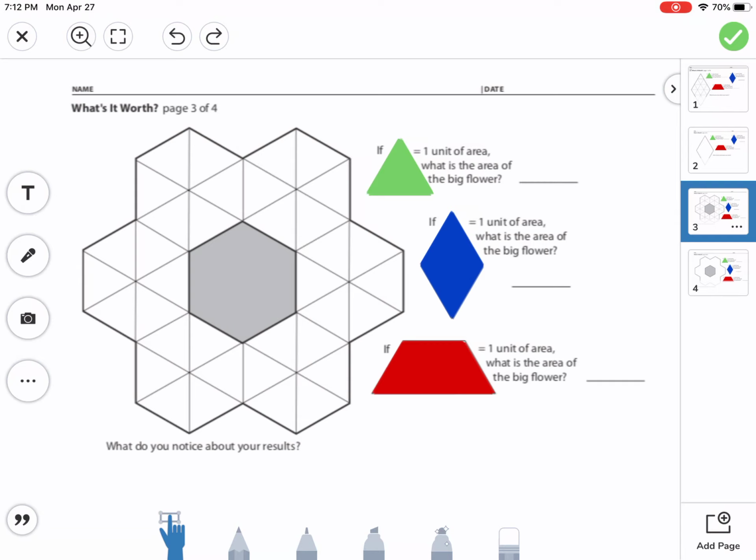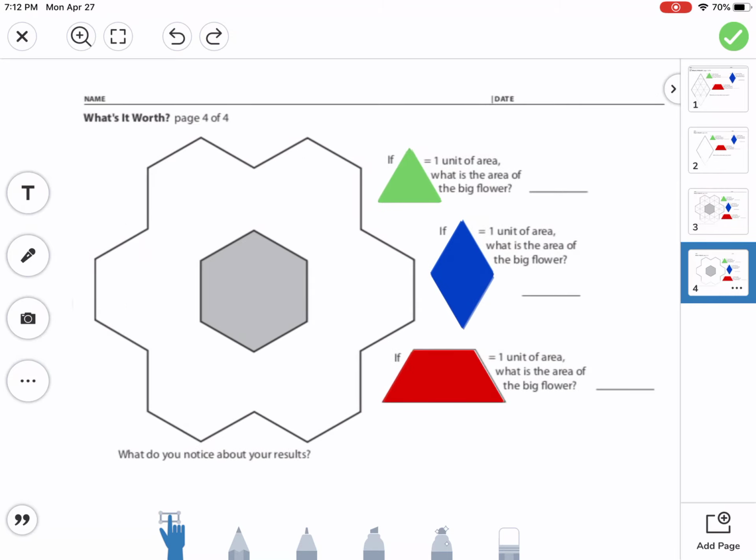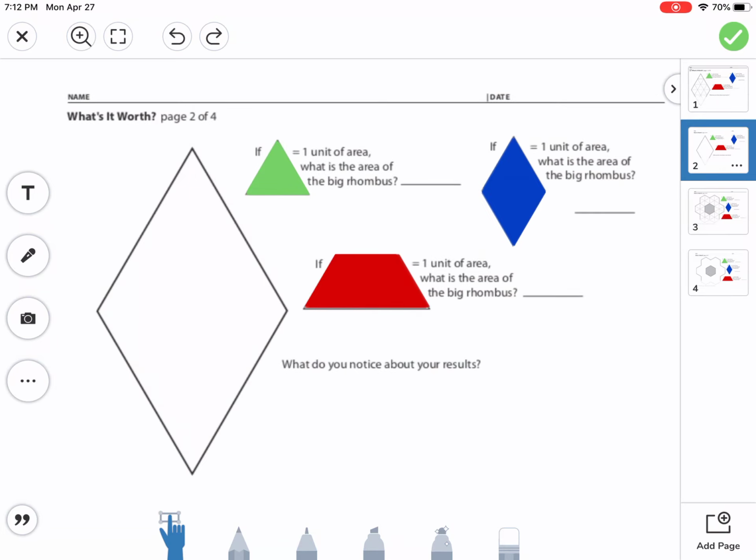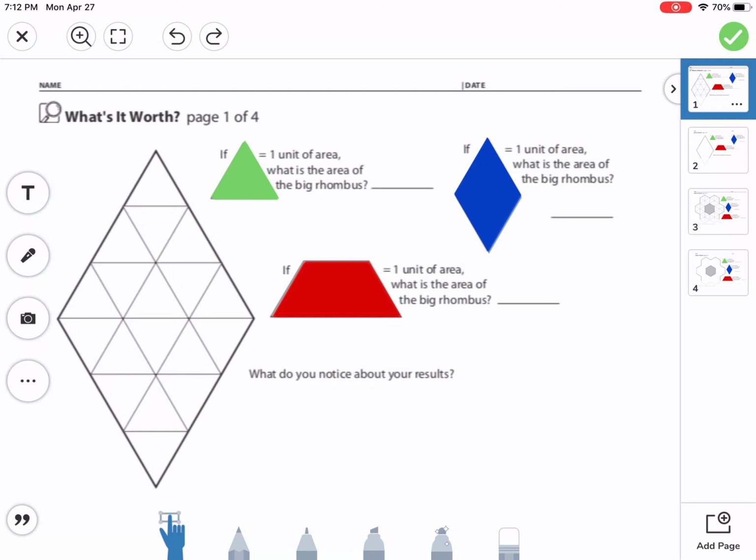And that's what you need to explain at the bottom where it says, what did you notice about your results? And if you want to use the lines, excellent. If you want to skip ahead to this page and use the flower without lines, you can do that too. If this is a little too tricky, just go back to this page. Same with your rhombus. If this is a little too tricky, go back to this page.